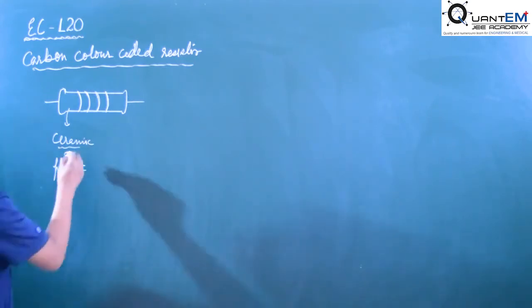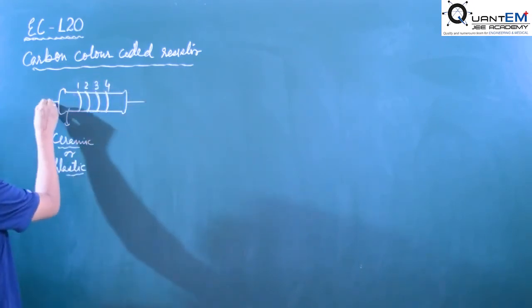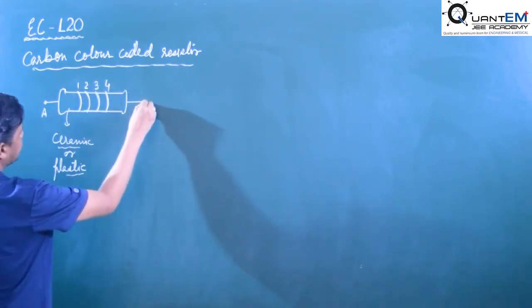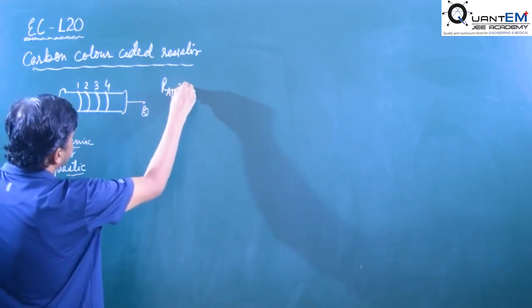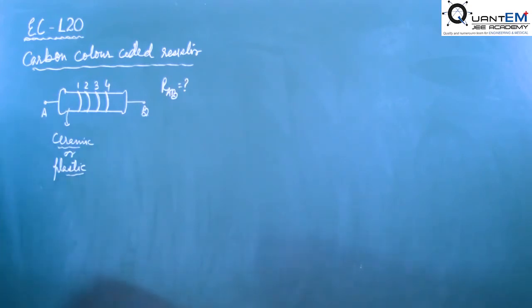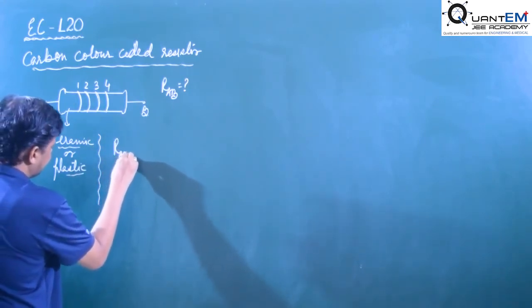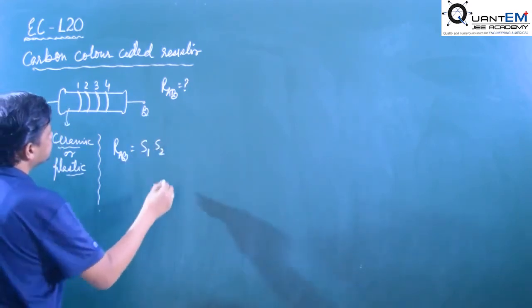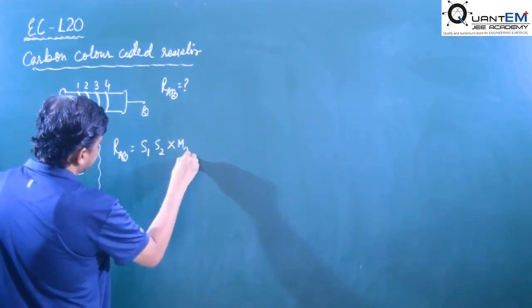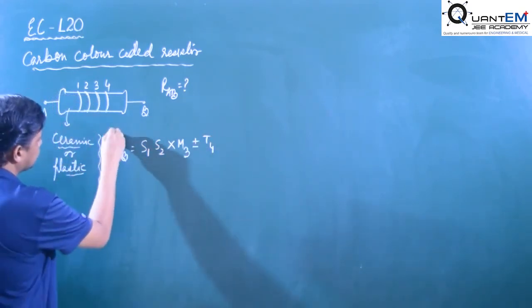Okay, it is first line, second line, third line, and it is what, fourth line. This one is terminal A and this one is terminal B. We have to find the value of what, a resistance between A and B. Okay, so see, a resistance between A and B is S1, S2, M3 plus minus tolerance of the fourth color.